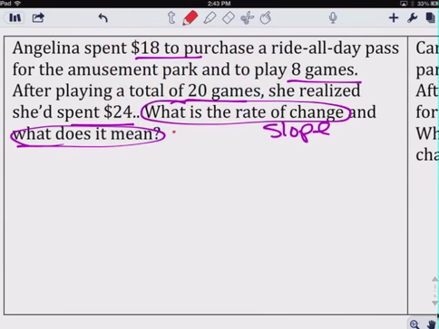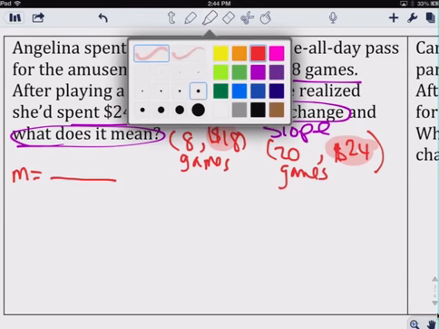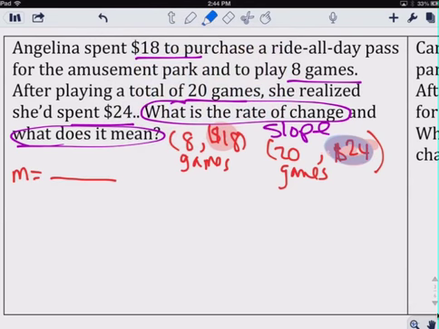Okay, to do that, I need to find my slope. So 8 games for $18 and 20 games for $24. That tells me to find the slope or the rate of change. It's the change in y over the change in x. So y here are the dollars. I'm going to do 24 first.